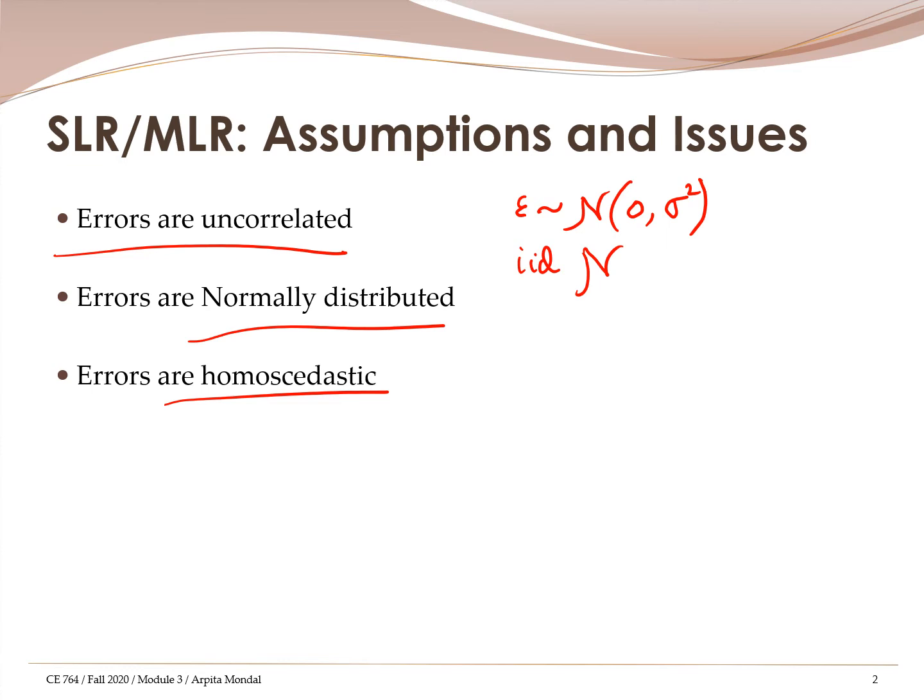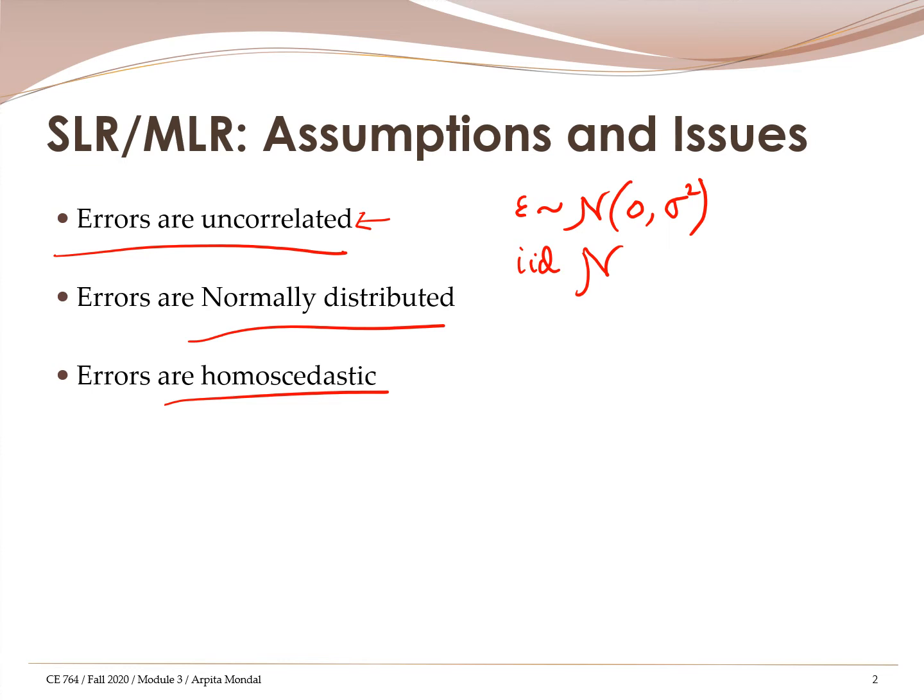So independent takes care of the uncorrelated term, then they are normally distributed, and their variance is also constant, so the homoscedastic assumption.